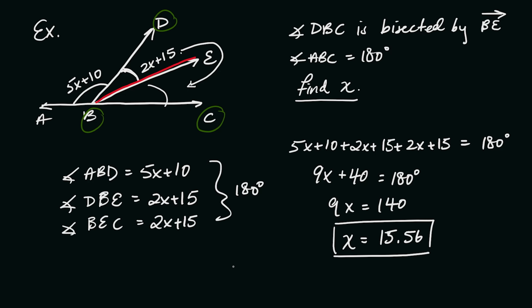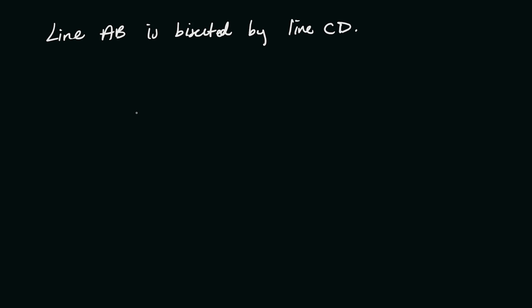Now, in the beginning, I said something about how the language might differ, right? So, if we say that in terms of lines, let's say that line AB is bisected by line CD, right?